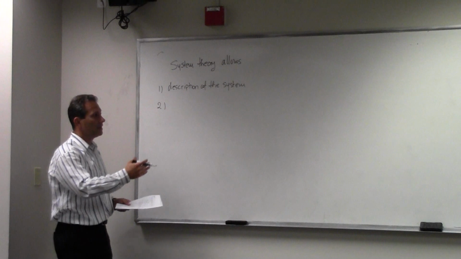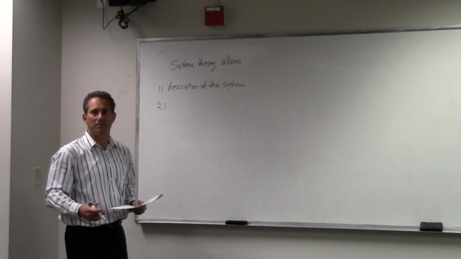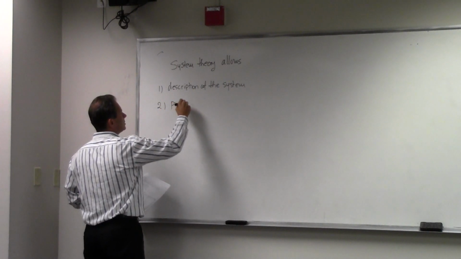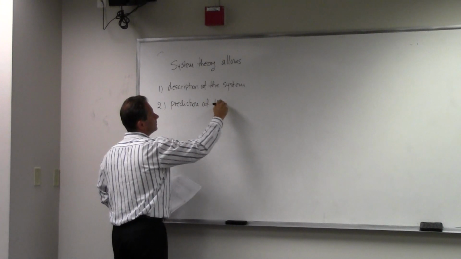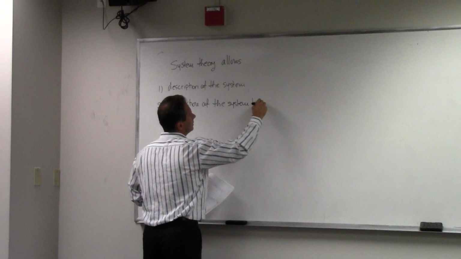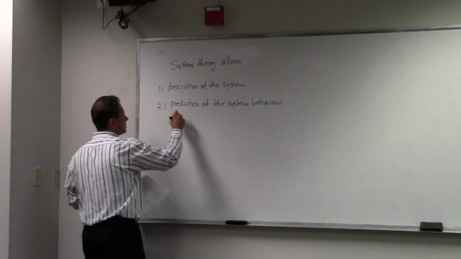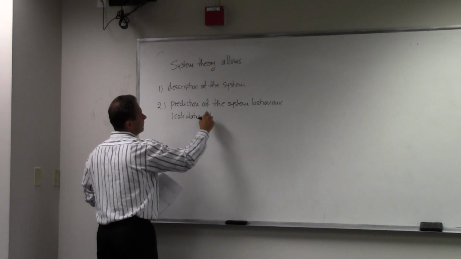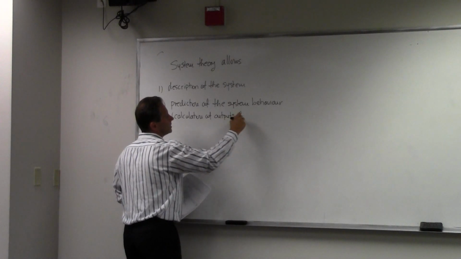So we want to be able to calculate what the system is going to do, the prediction of the system behavior. And this is essentially calculation of outputs for a given set of inputs.